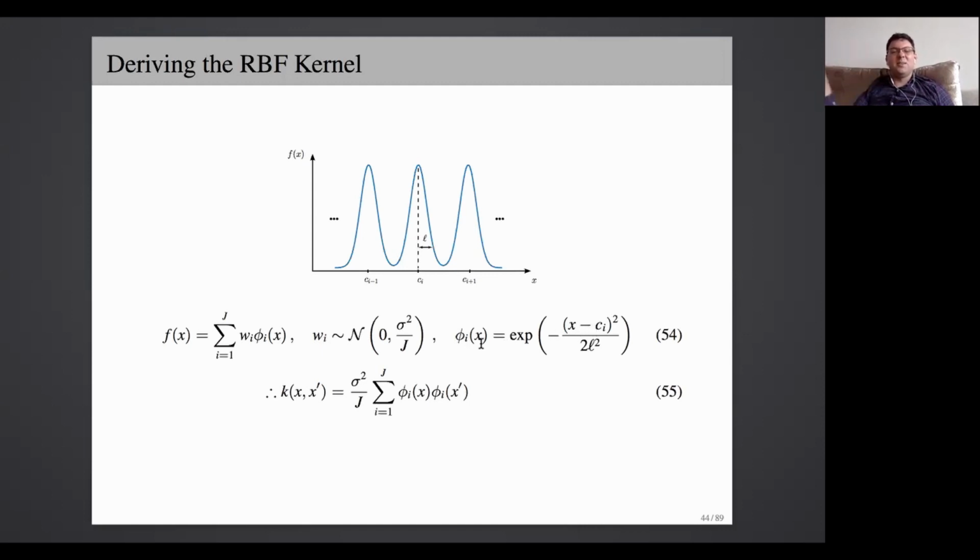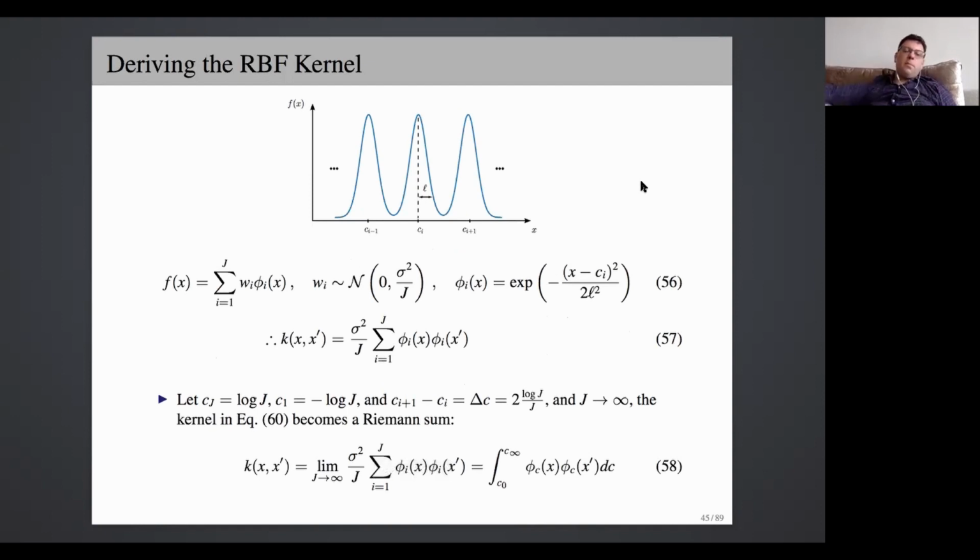You can sort of see where the RBF kernel is getting its name now, with centers c_i, and we have this bandwidth parameter L. Now, just following exactly the same derivation as before, we can write down what our kernel is. In this case, it's just given by equation 55. And we're visualizing this model in function space in this figure up here.